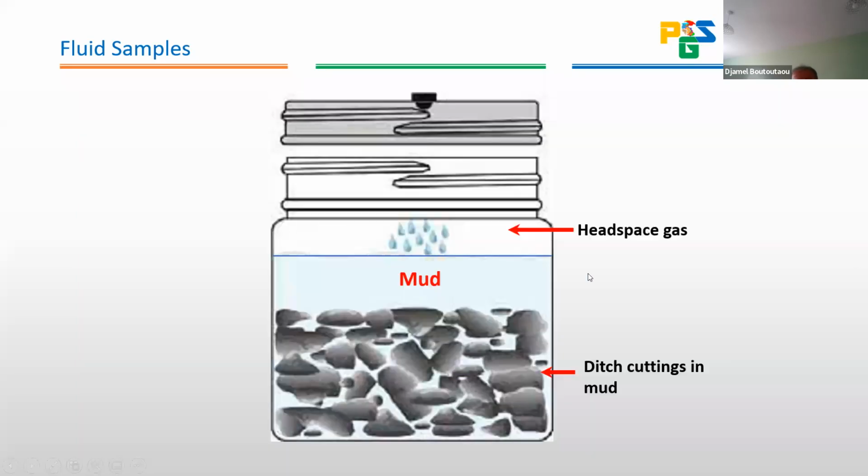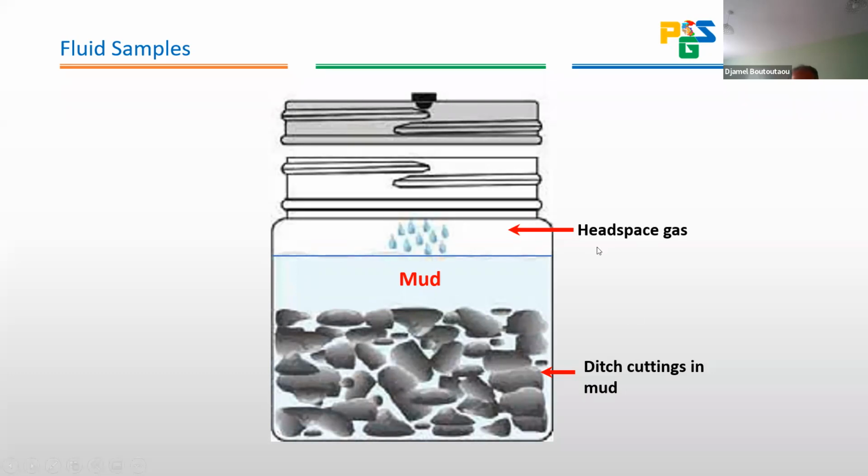For headspace gas, you collect cuttings in mud, just take cuttings from the shaker and put them in an isojar, which already has a bactericide to avoid any production of biogenic gas within the jar. Then the gas that is dissolved from the rocks is there, and we can analyze it.